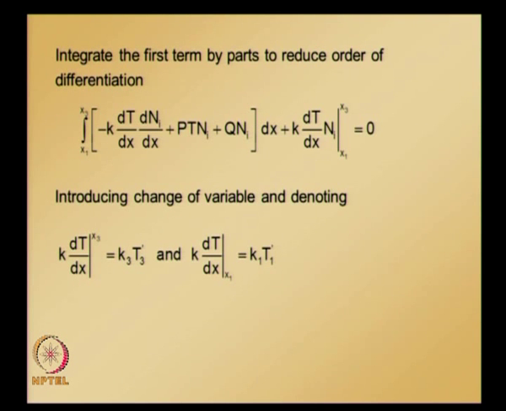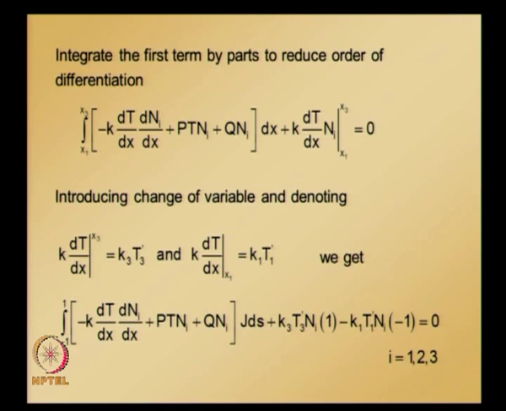So, introducing change of variables and denoting k times the first derivative of T with respect to x evaluated at x3 as k3 T3 prime, and k times the first derivative of T with respect to x evaluated at x is equal to x1 as k1 times T1 prime, then we are going to get the equation after introducing the change of variables and using this notation.